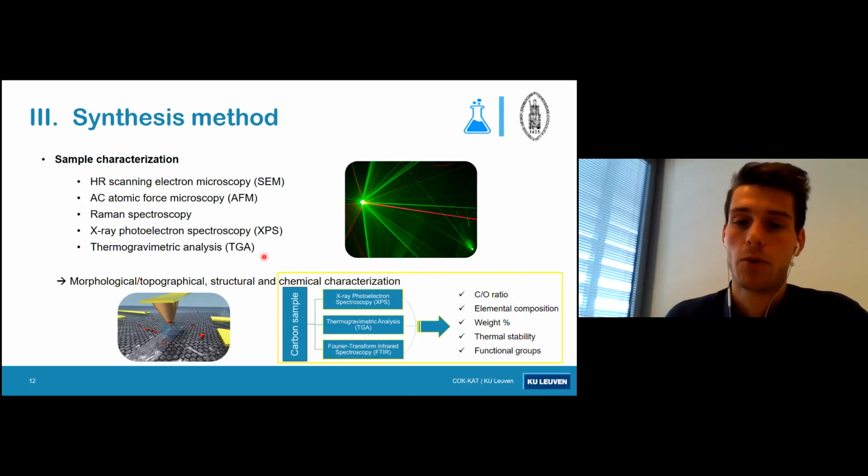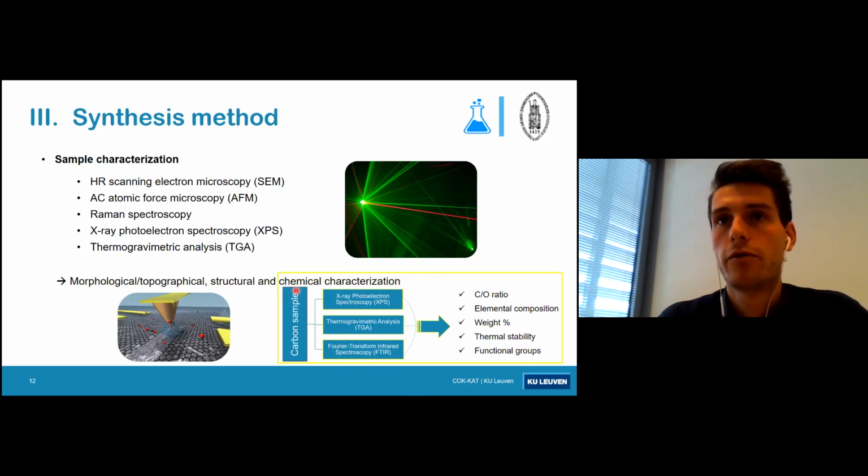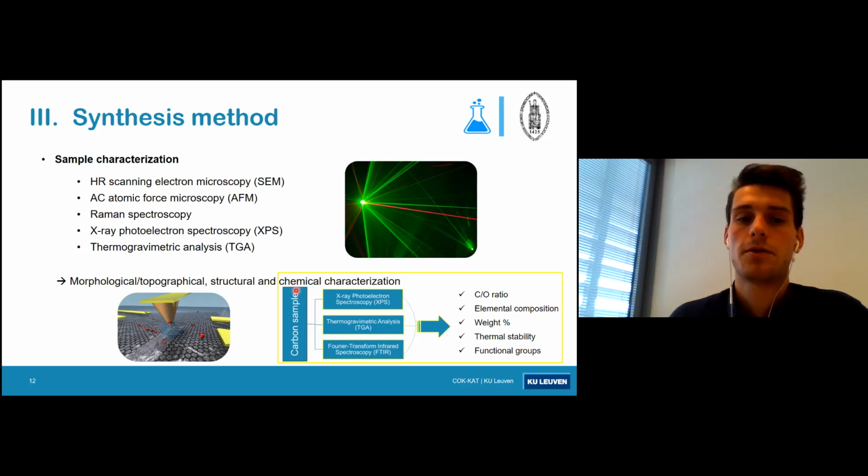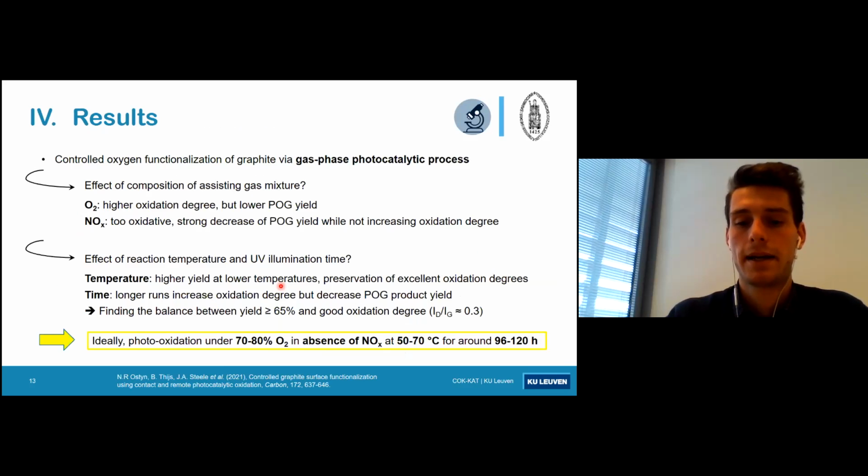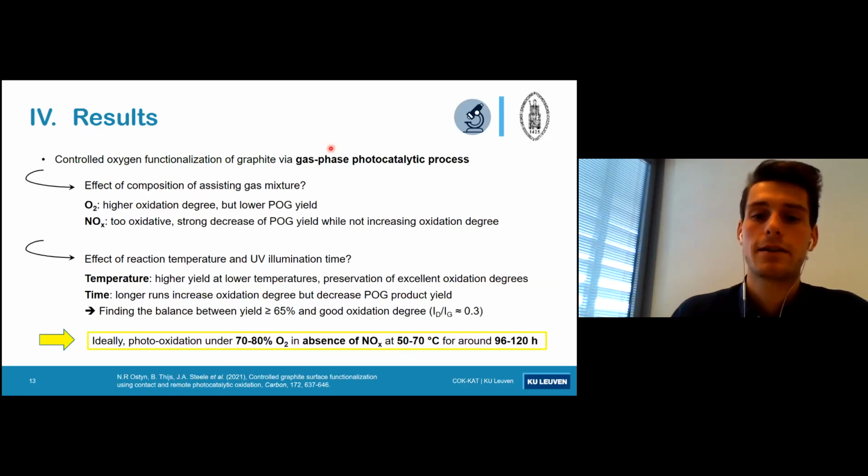So this is very important to have feedback on how the first two steps, the oxygen functionalization followed by the doping, how this was done and what is the end result, and to work each time back. So results are shown here. First, for step 1, the photooxidation process in gas phase.